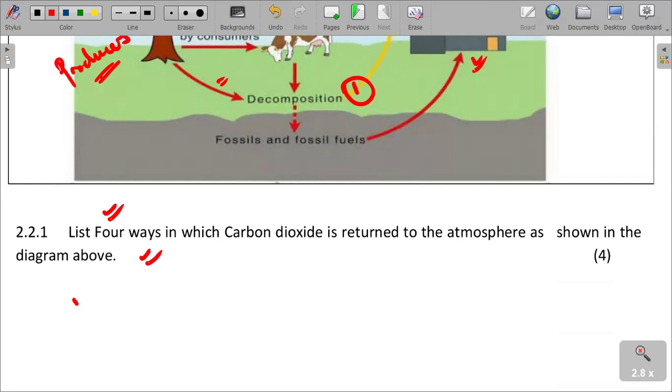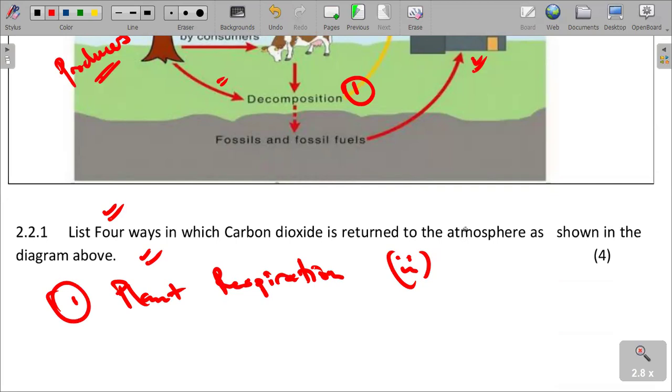One, we need to talk about plant respiration. We talk about 2, animal respiration.